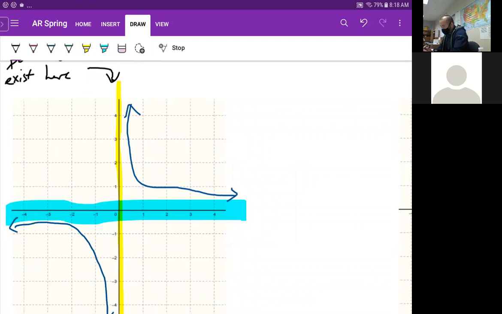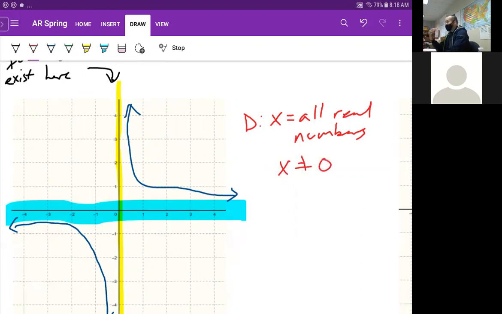So for the domain, it's all real numbers. But this yellow line here doesn't exist there, except for x is not equal to 0.